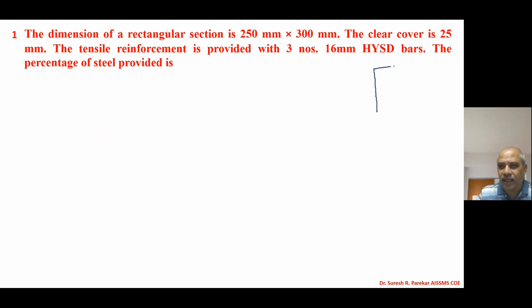We have clear cover 25, and in that case what will be my value of D? The bar diameter is 16 mm.